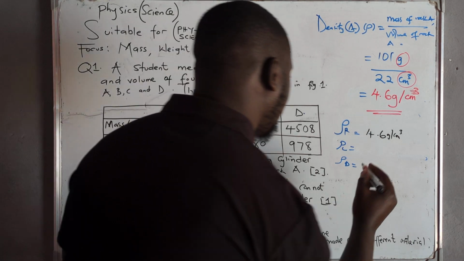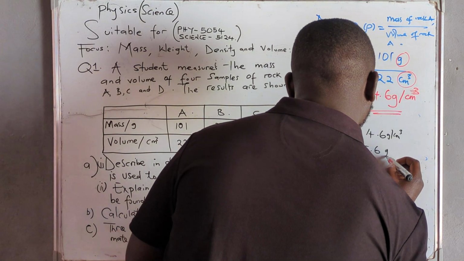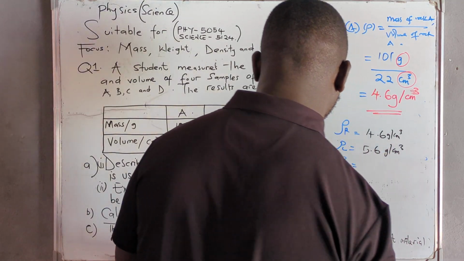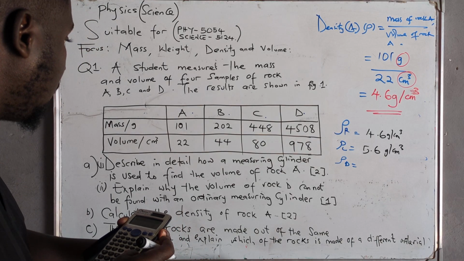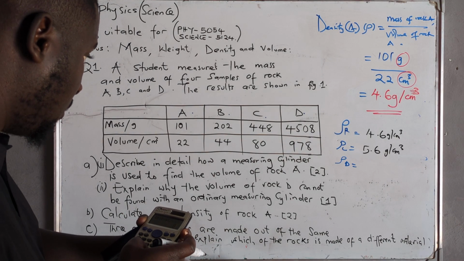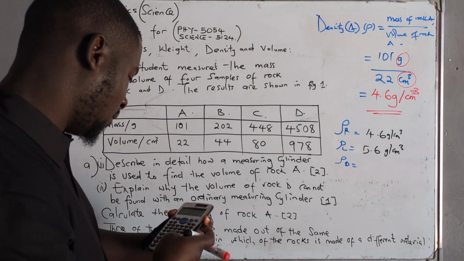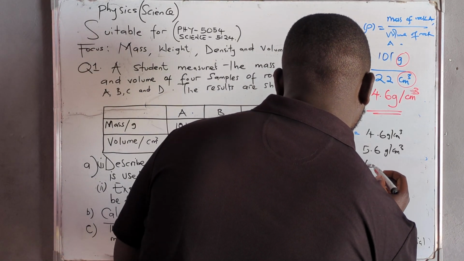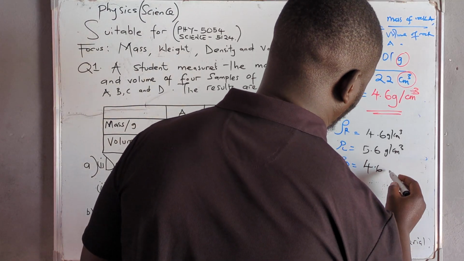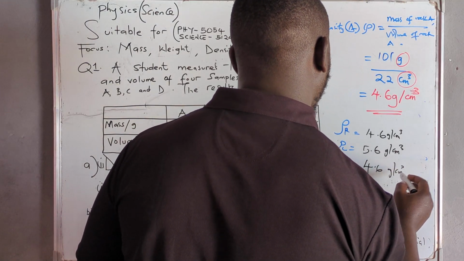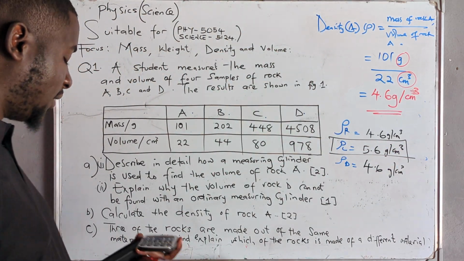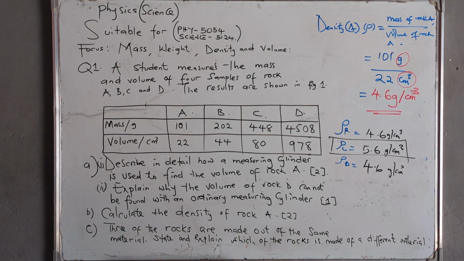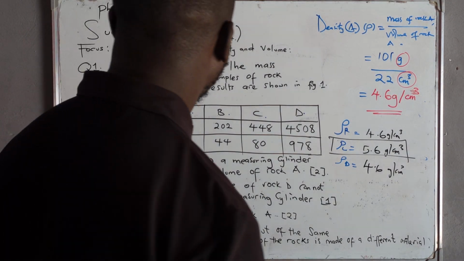What do you get? You get 5.6, which is different from what we've been getting. Now let's try the last one. So 4508 divided by 978. So this is also giving you 4.6. Right. So you can understand that this is the one with a totally different density. Therefore, it is the one that is made of a completely different material.